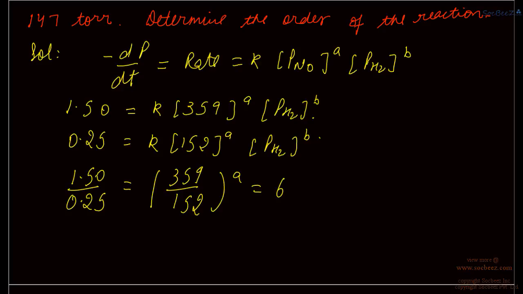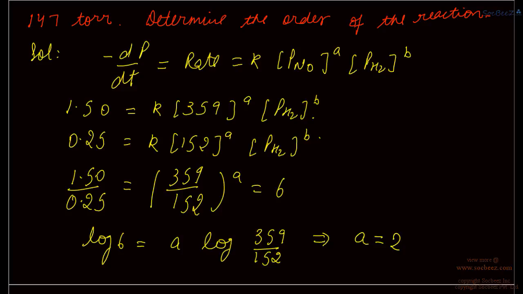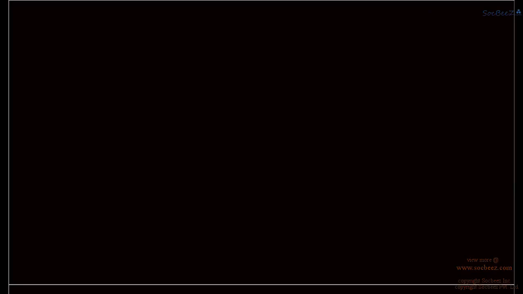So 359 by 152 to the power A equals 6. Now taking log on both sides, log 6 equals A of log 359 upon 152. So from here we get the value of A as 2. Therefore, the order of reaction with respect to NO is 2.